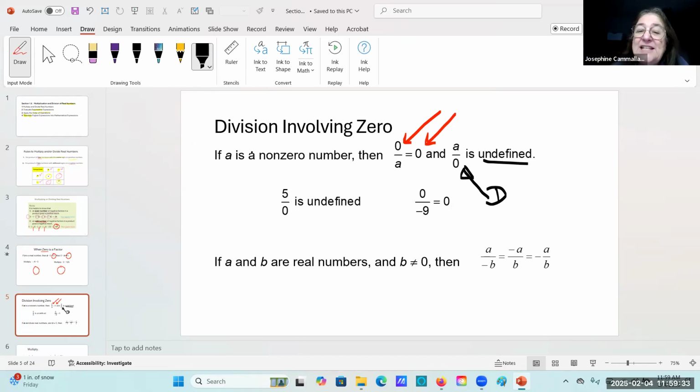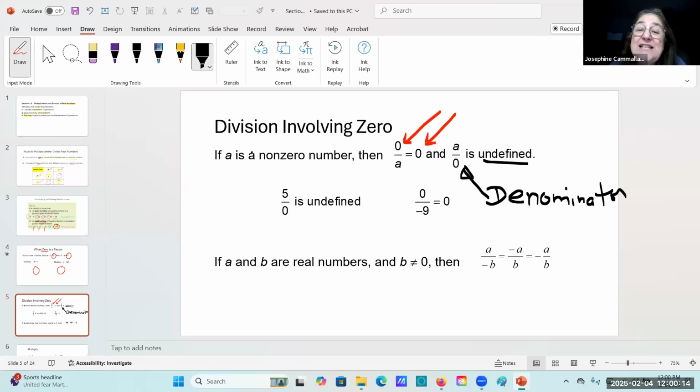Okay? The reason is the parts of a fraction. The bottom number says how many slices did you cut one pizza with? Well, if you don't have a pizza, you can't cut any slices. So the denominator says, I have no parts of any pizza. Well, you can't give me a slice of pizza if you don't have a pizza.